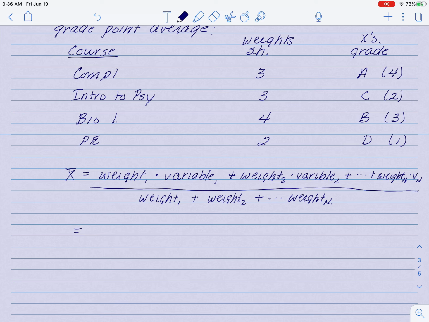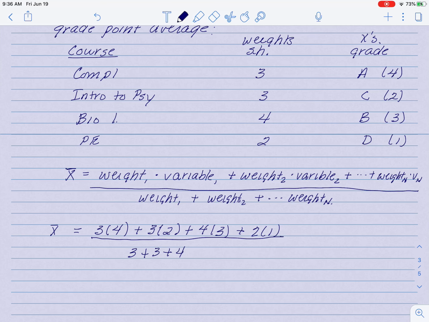So if we were to figure this out, we would take the weight 3 times the grade A, which is 4, for the comp class. And then for the intro to psychology class, 3 times 2, plus 4 times 3, plus 2 times 1, divided by the sum of the weights, which is 3 plus 3 plus 4 plus 2.